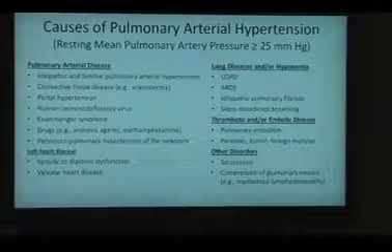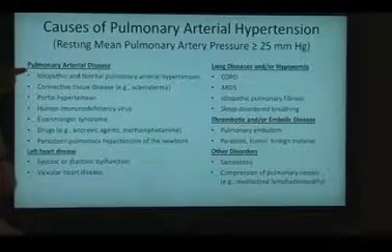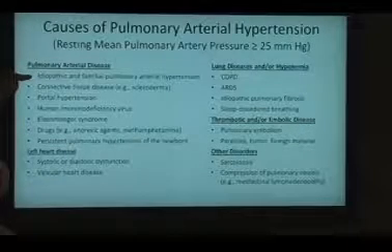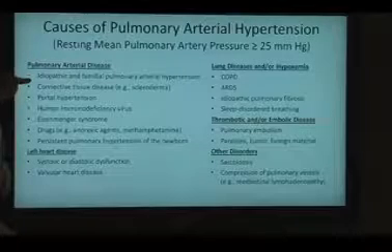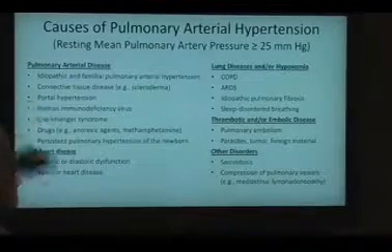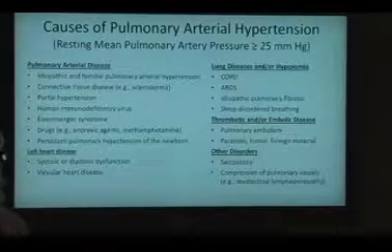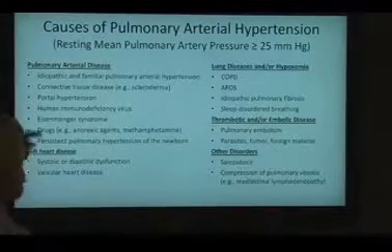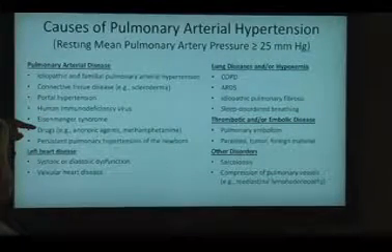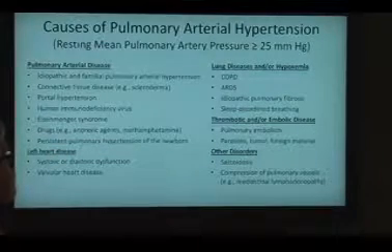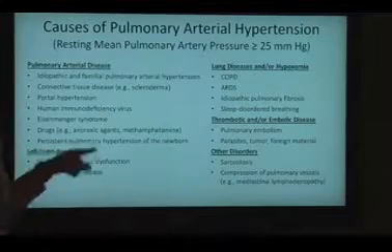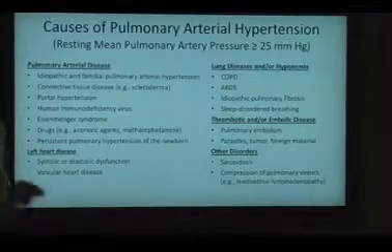So there are types of pulmonary arterial disease that can cause pulmonary hypertension, like idiopathic or familial pulmonary artery hypertension, connective tissue diseases like scleroderma, portal hypertension, so patients with liver disease who develop pulmonary arterial hypertension, HIV, Eisenmenger syndrome, drugs, particularly anorexic drugs like methamphetamines, and in babies, persistent pulmonary hypertension of the newborn.